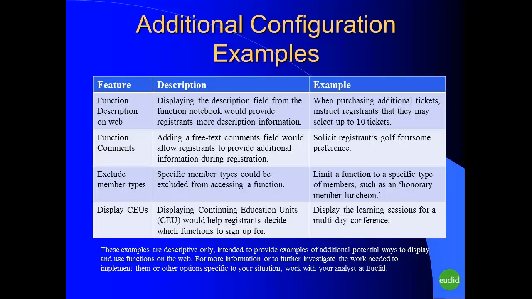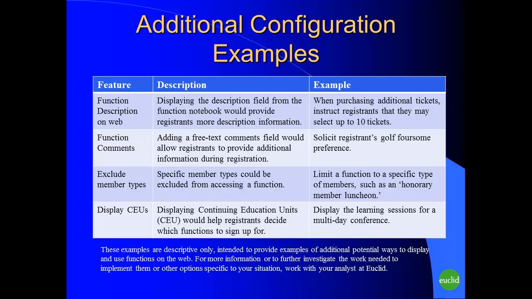In this video, we have demonstrated how to use the basic web display options for event functions. Beyond these options, if you have specific needs or ideas, work with your Euclid analyst to determine the best approach. The registration form is highly configurable.